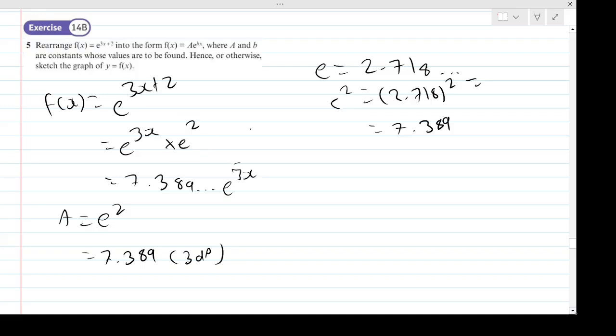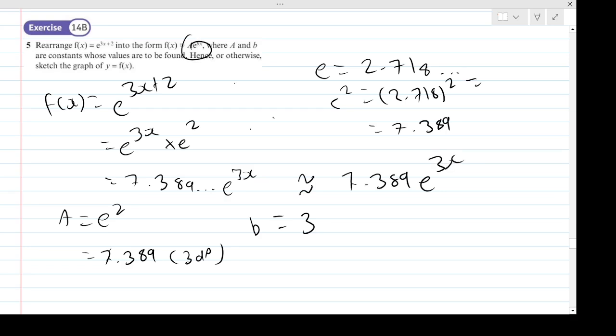And b, then we have a e to the bx. b is the 3, the coefficient of x. So b is 3. Okay, so it's in this form here. If I was to do this to 3 decimal places, that would be approximately 7.389 e to the 3x.